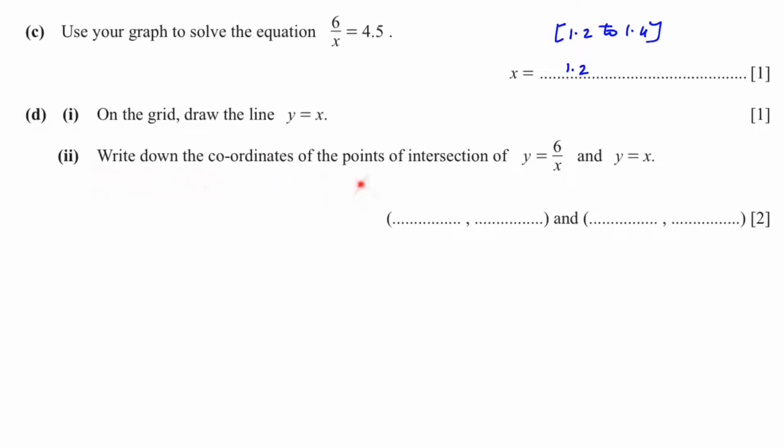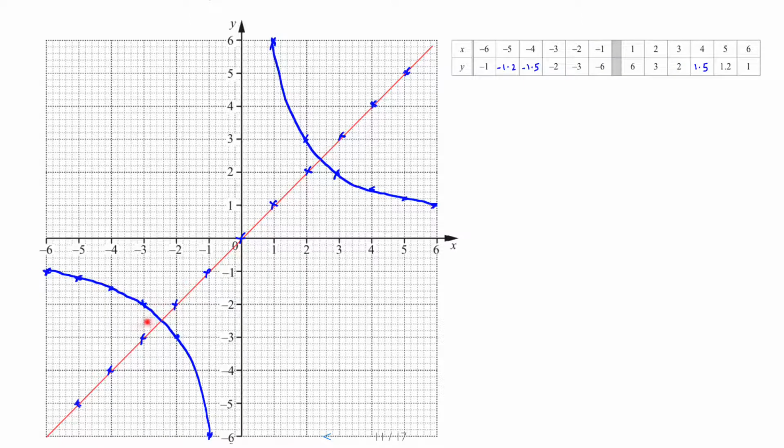D2. Write down the coordinates of the points of intersection of y is equal to 6 over x and y is equal to x. So we have to find the x and the y. This is 1 point and this is 1 point. So we have here when x is negative 2.4, y is also negative 2.4.